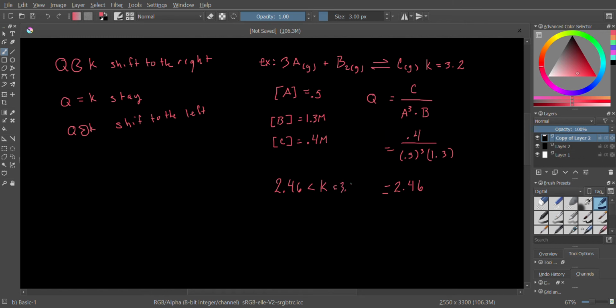So because our Q is smaller than K, it means we're going to shift to the right.